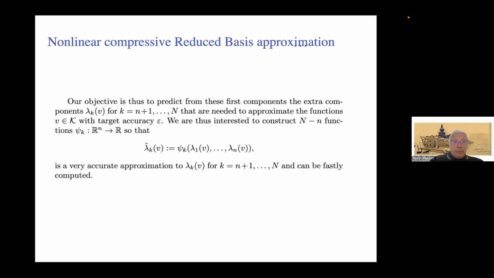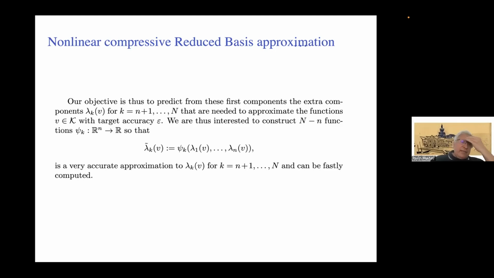We will learn the functional p_k that, from lambda 1 to lambda n of v, is able to reconstruct lambda k of v. And then of course the problem will be of dimension small n and not capital N.